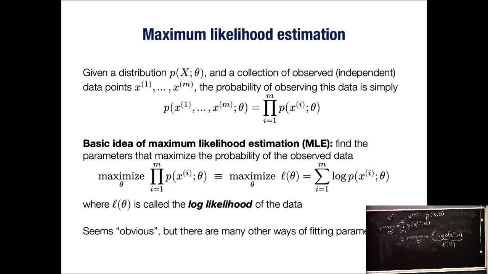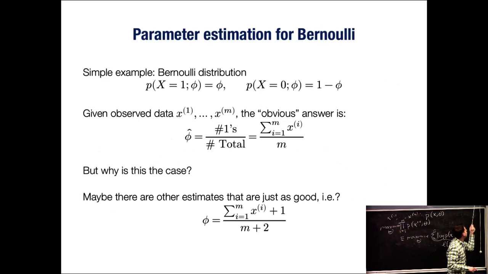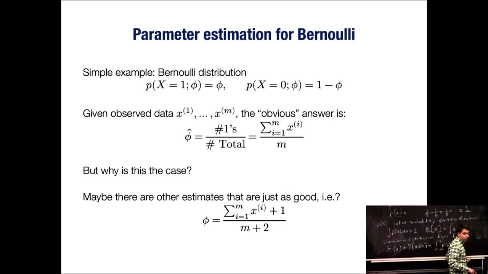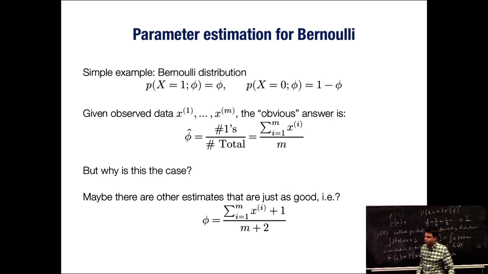OK, so let's go through one example of this now, because this seems obvious, but it also seems like there's a lot of kind of abstract things here. So let's talk about a Bernoulli random variable. Bernoulli, again, we talked about before, it just means a distribution over binary random variables where the probability of the variable being 1 is just the parameter phi.